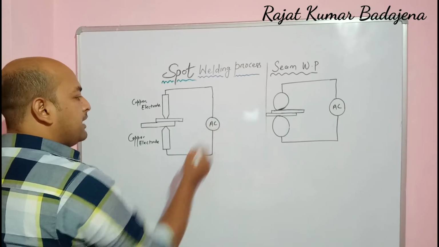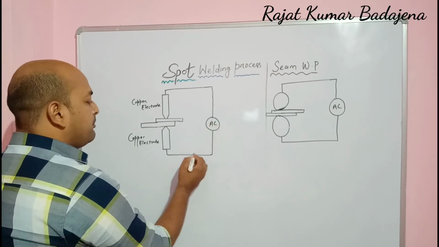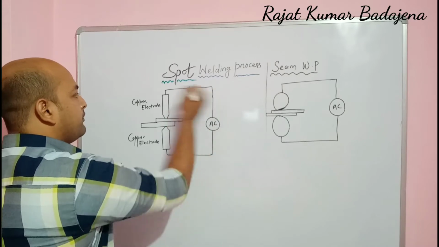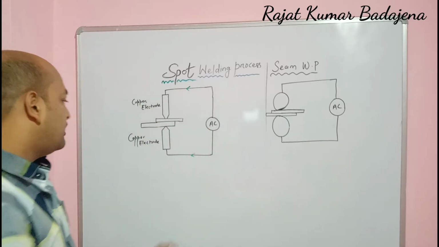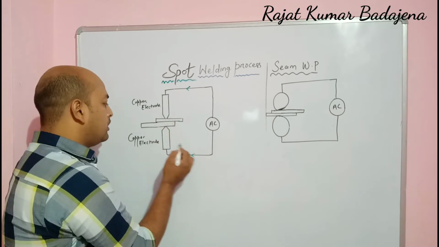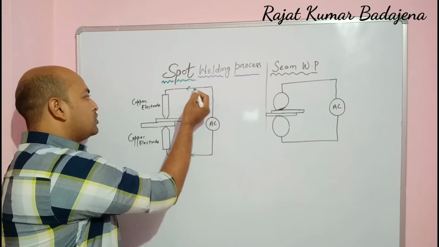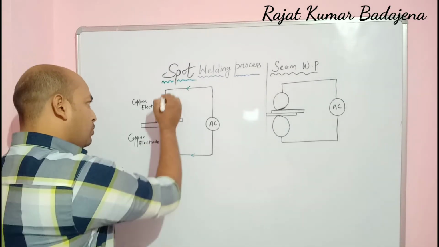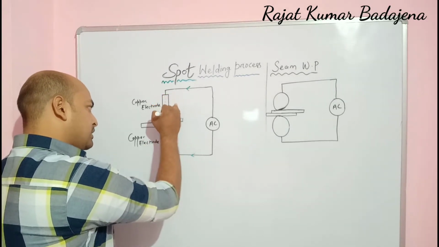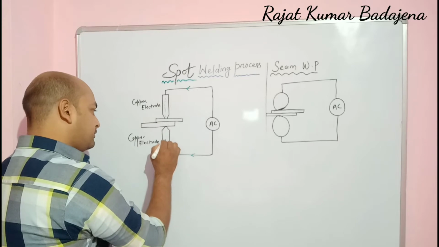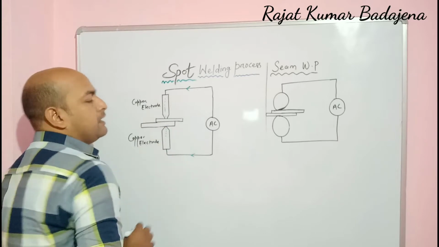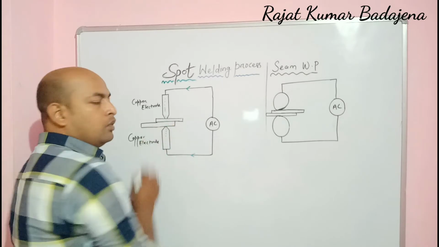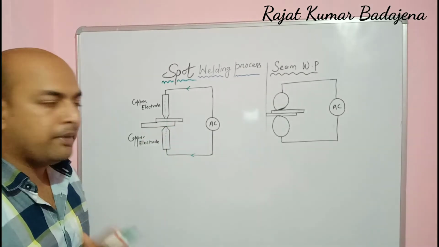We can see here an AC supply is there. From this AC supply the current flows in this way and in this way. The current flows through the copper electrode, and here also the current flows through the copper electrode. While the current flows through these copper electrodes, resistance will be created between the two workpieces, or we can say two plates.